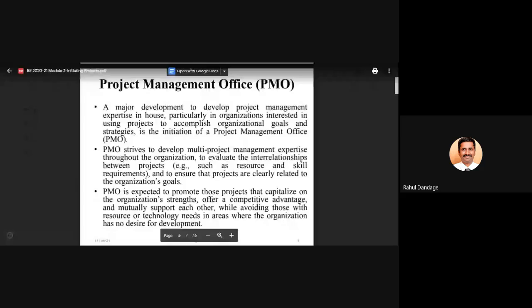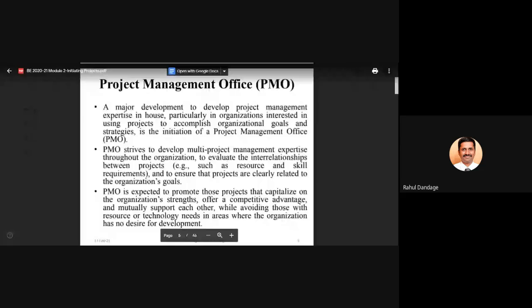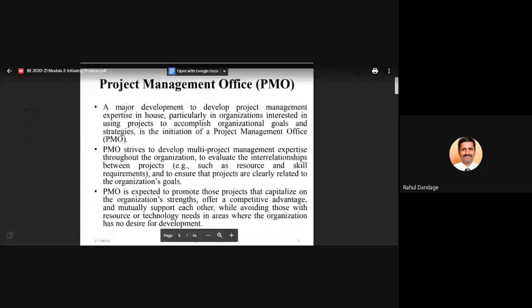As far as projects are concerned, PMO stands for Project Management Office. Nowadays, you must be hearing this word PMO multiple times through social media, print media, and news channels. So in India, PMO is now a buzzword because it is the Prime Minister's Office at the central government level.